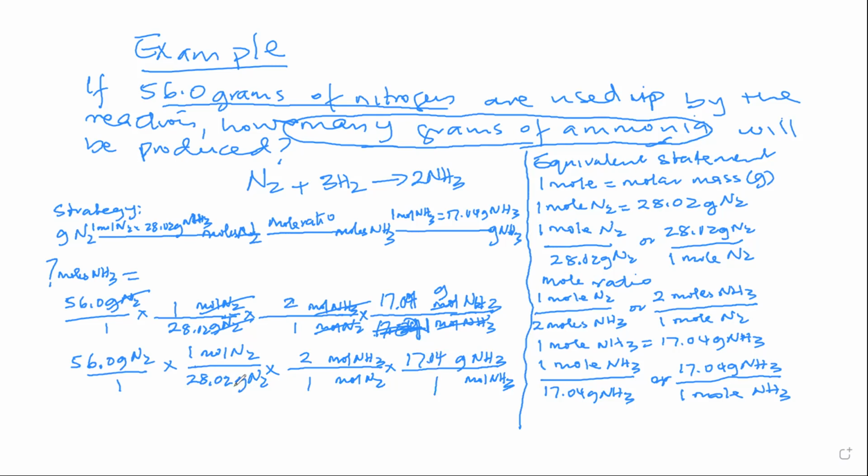So hopefully it makes sense now. Cross this out, cross this out, cross this out. That will be equal to 56.0 times 2 times 17.04 grams of ammonia, all over 28.02, which gives us 68.1 grams of ammonia.